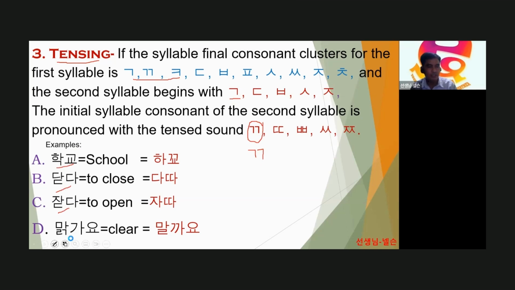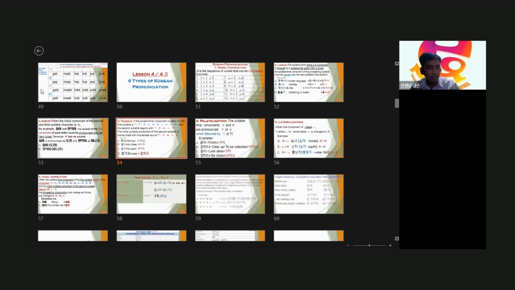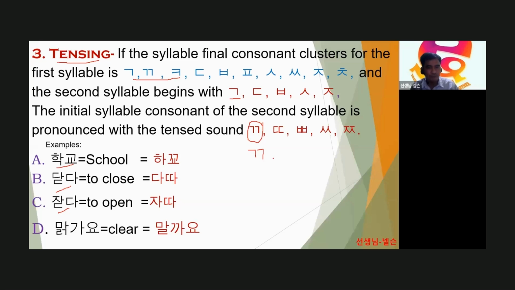I will explain them one by one. For example, digot. If the next character is the same digot, it becomes sang digot.